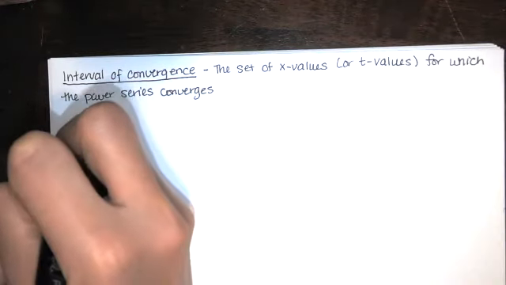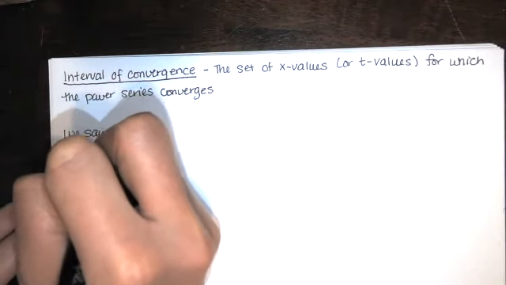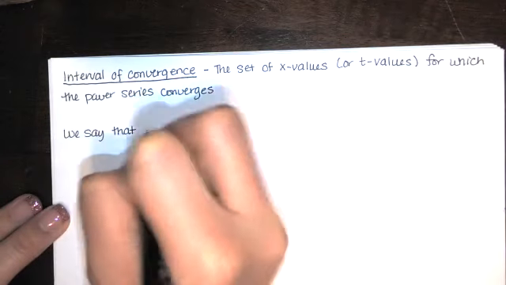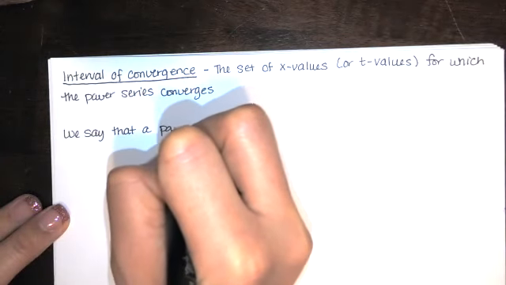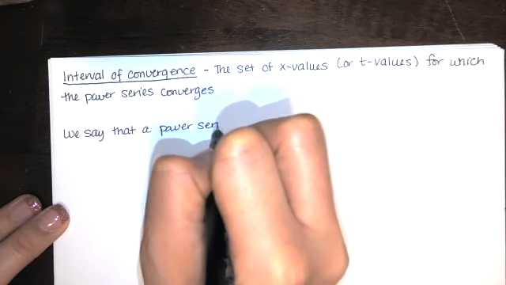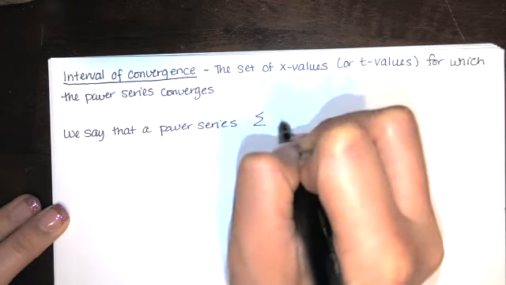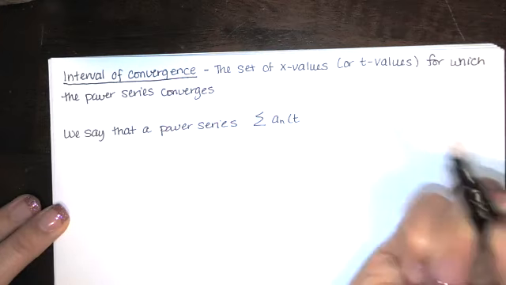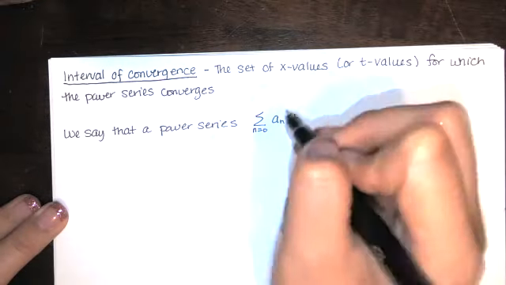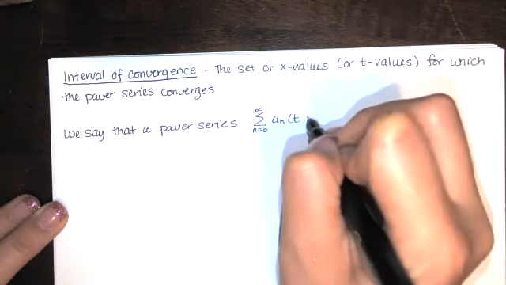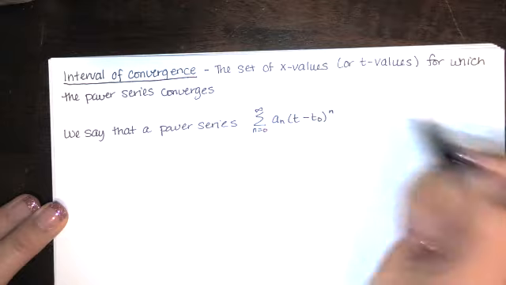Absolute convergence. We say that a power series, and let's use that first form that we started with, the sum as n goes from 0 to infinity of a sub n times the quantity t minus t naught to the n.